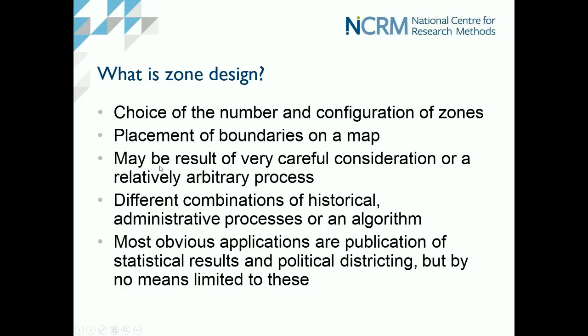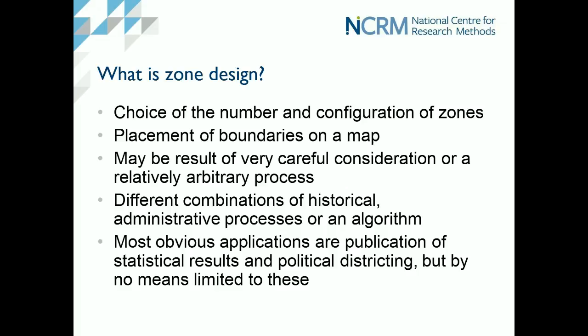Often people that we have spoken to who are involved in genuine zone design scenarios find that they inherit a process which has been done in the past, often as a paper exercise. And it may be that that's been a very carefully documented process because there's been something written down, a team of people have followed rules.